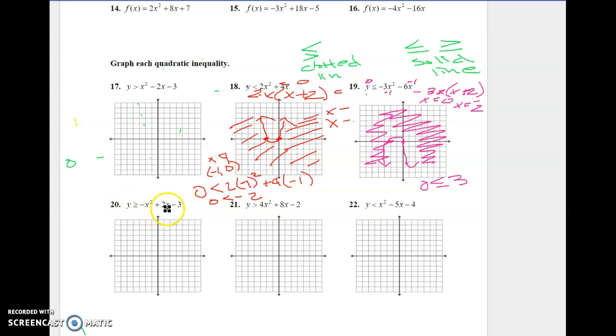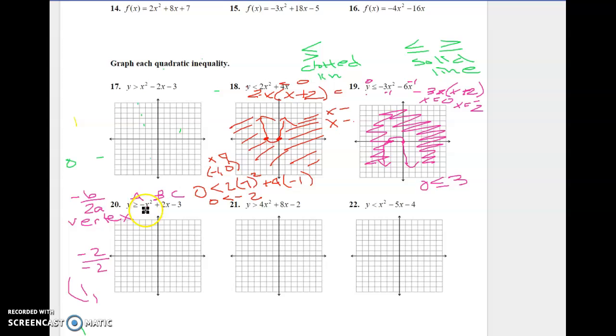These, if you don't want to factor, because this has a negative in front, we'll just go ahead and use the negative b over 2a to find the vertex. This is really an option. So remember b, a, and c. So we've got the opposite of b, and then 2 times a is negative 1, so 2 times negative 1 is negative 2, so x equals 1.